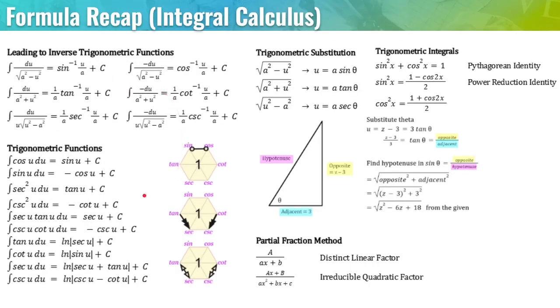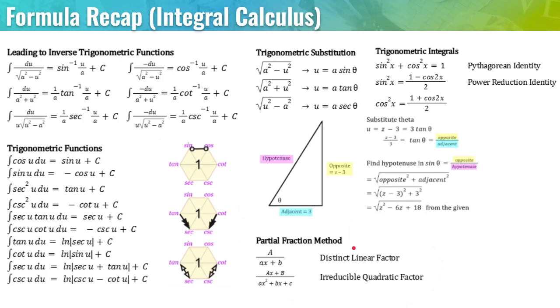Here is different. Sorry, integral of cosine gives you positive sine x, and the integral of sine gives you negative cosine x.